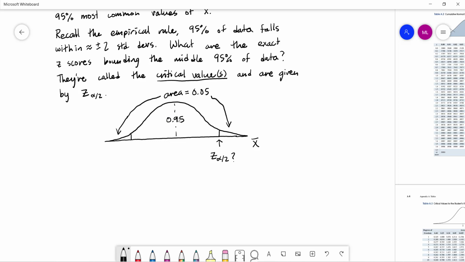But because it's symmetric, that 5% is split up evenly between the two tails. So just this area over here is going to be 0.025. It's half of this 0.05. And then the other half is this area over here. This is the other 0.025.